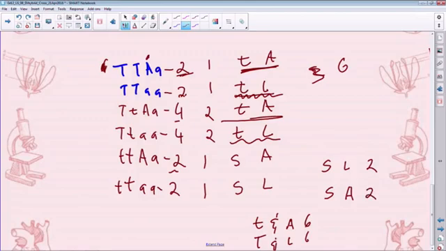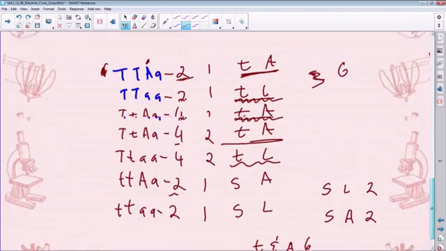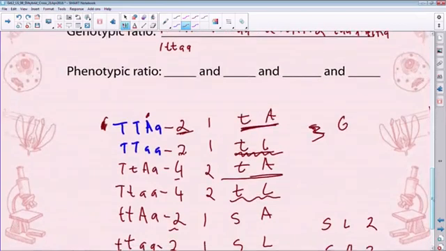So let's see, altogether, the ratios that we have. Watch carefully, you're going to have tall, and I'm just going to write it like this because we don't have much space. So it's tall and auxiliary, there is 6 of them. There's tall and lateral, or we call it terminal, there's 6 of those.